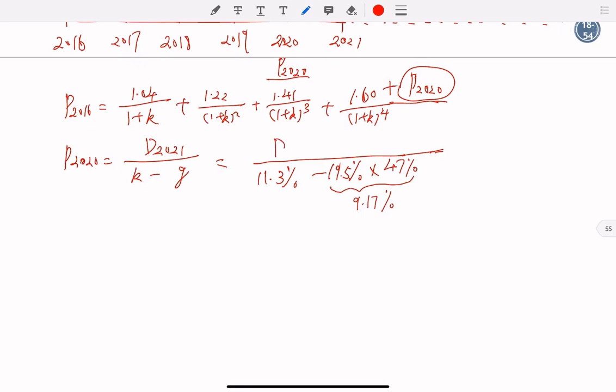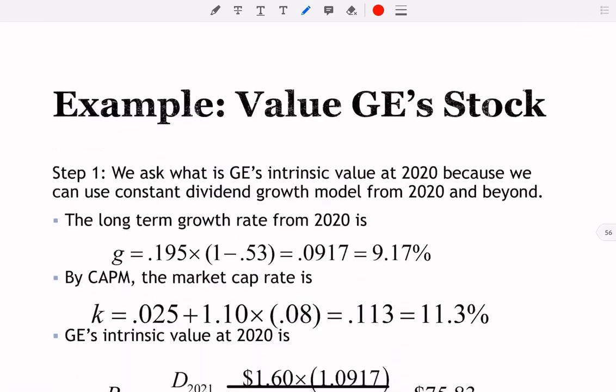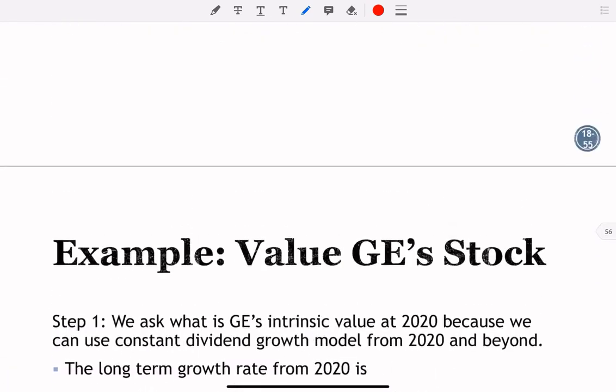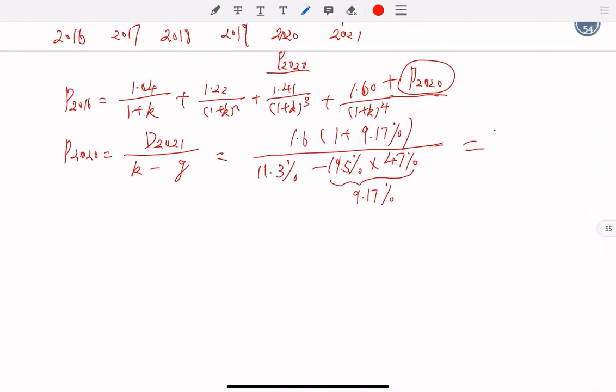It equals the dividend in 2020 times 1 plus G. We know the dividend in 2020 is 1.60, and we have calculated G equals 9.17%. Now you can see we've got all the numbers we need. So this gives us the price of GE in 2020 as 75.83.